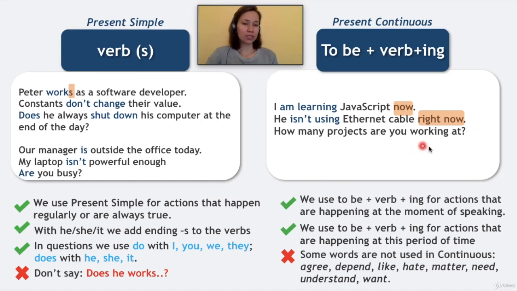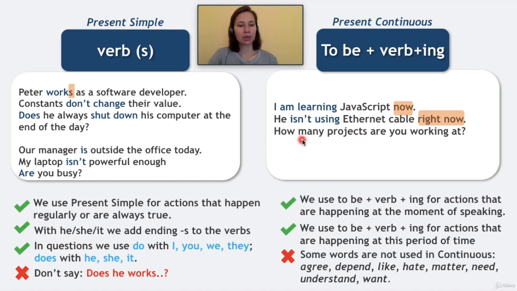How many projects are you working at? Again, you can see three types of sentences here. The positive sentence is I am learning, which is to be plus verb with ing. Then you see a negative sentence. He isn't using, I am not using, or we are not using.